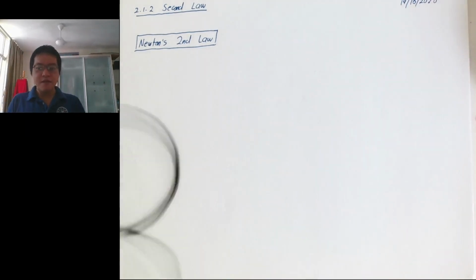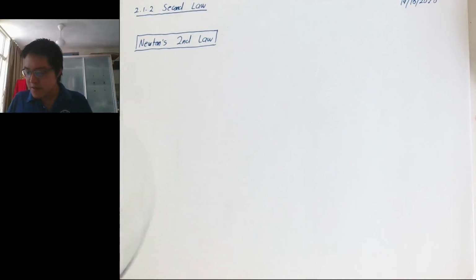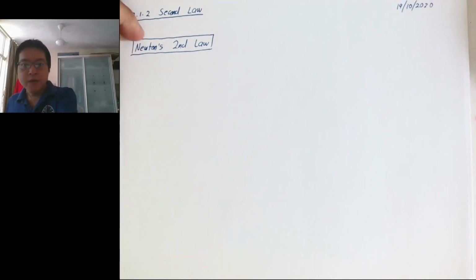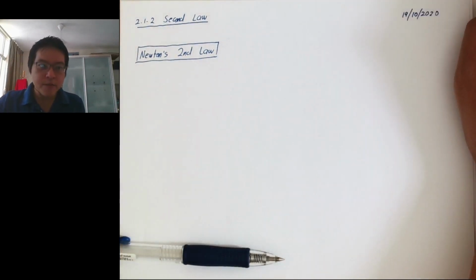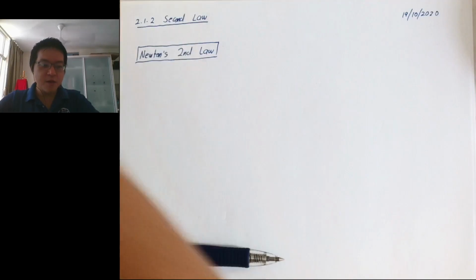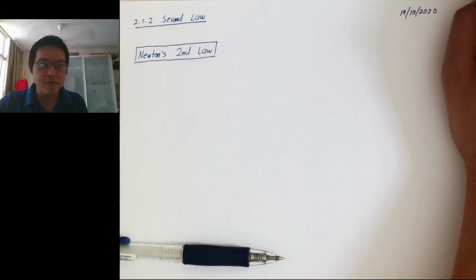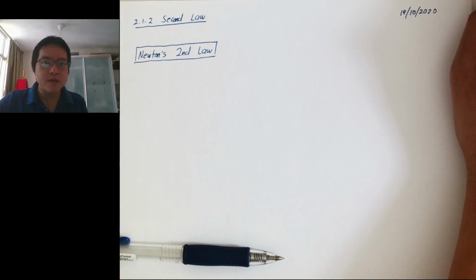Okay, so let's start with the lecture. We are continuing on chapter 2, where we were talking about Newton's law. Let me open the lecture notes again. In the previous week we were discussing the first law, systems in equilibrium.